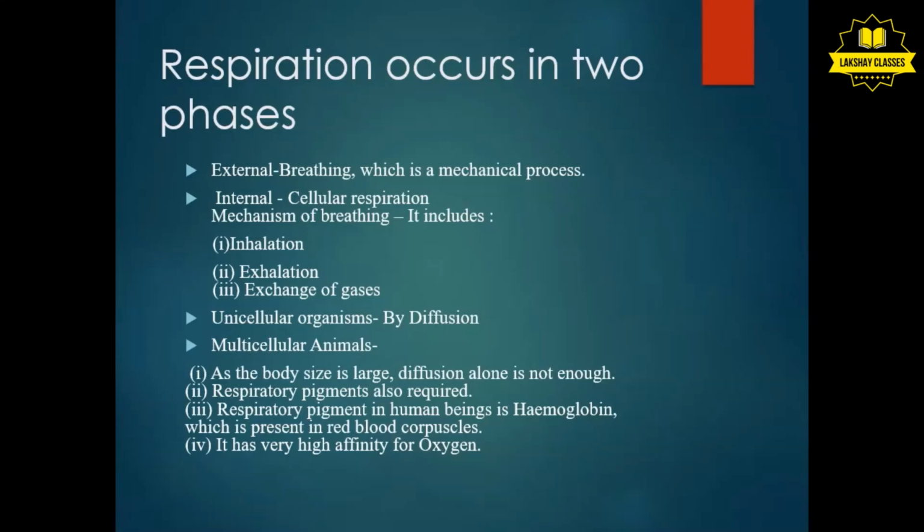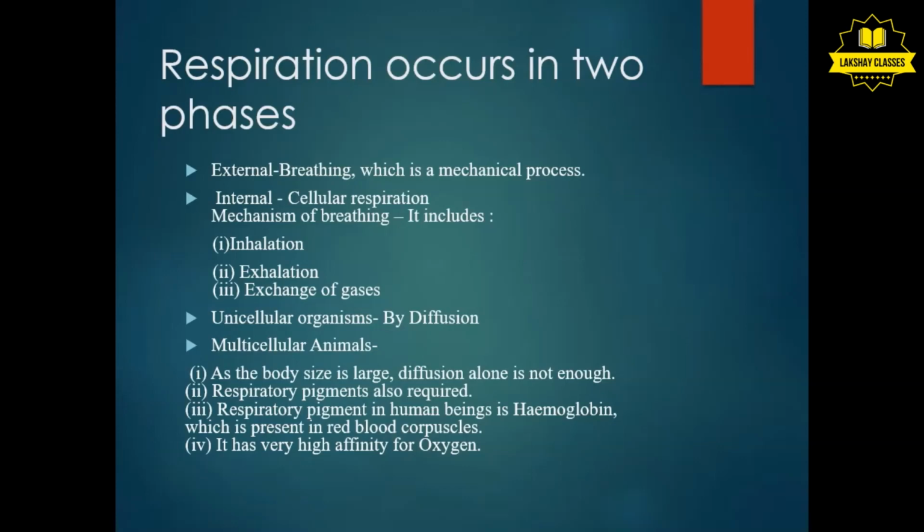Fine. Now, unicellular organisms are single-celled organisms. They do not have many cells, so in them respiration takes place by simple diffusion, that is, exchange of gases. In multicellular organisms, as the body size is large, diffusion alone is not enough.